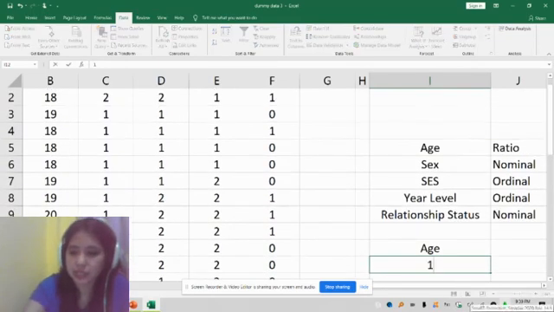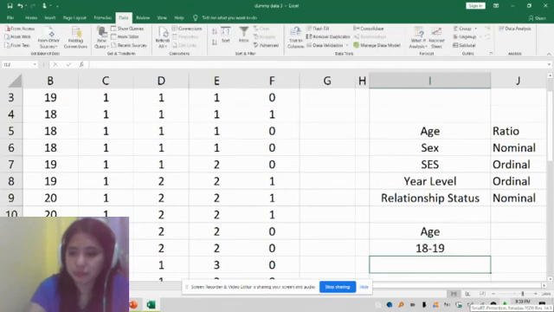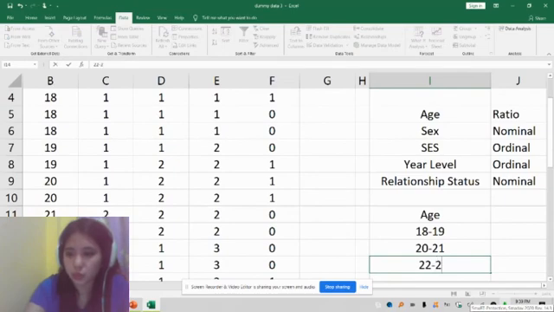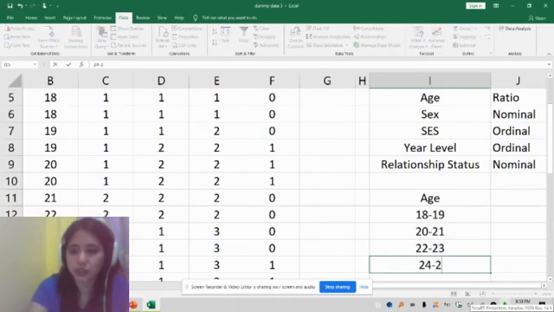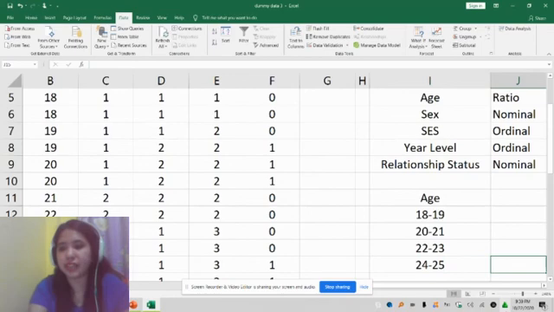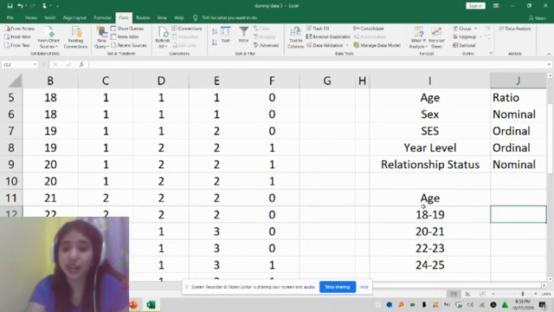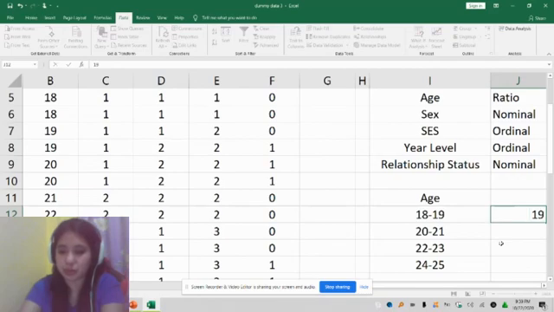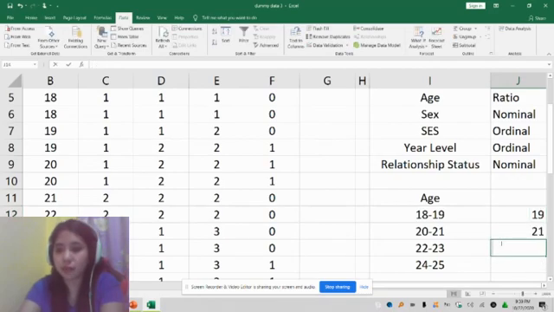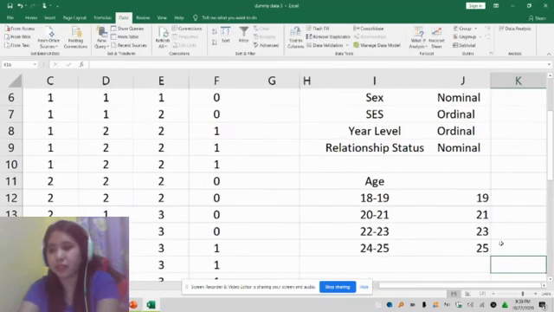So we use 18 to 19, 20 to 21, 22 to 23, 24 to 25, wherein the instruction is to use the upper limits. Again, these are the lower limits, 18, 20, 22, 24, and the upper limits are 19, 21, 23, and 25. So we're going to use the upper limits: 19, 21, 23, and 25.